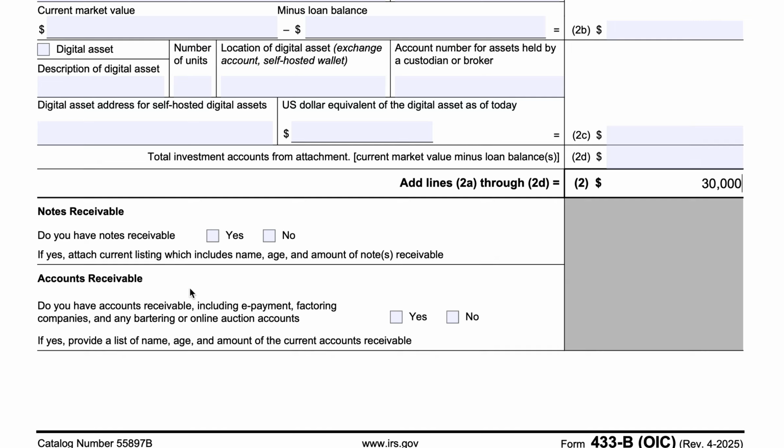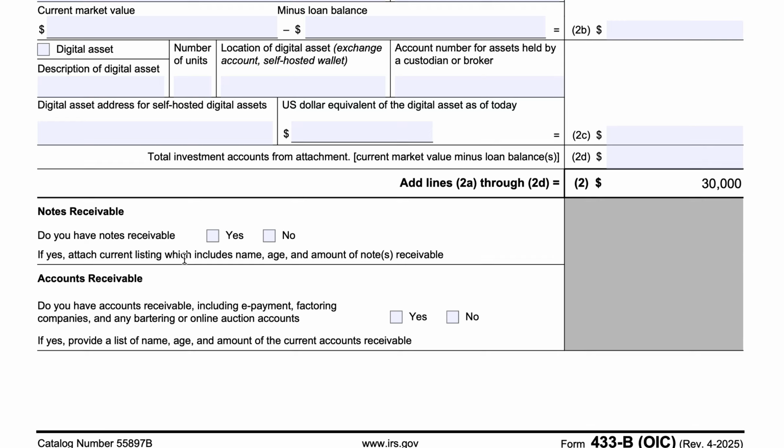Maybe you did work for a company and they paid you 25% down before you started the work. You completed the work, you've presented an invoice, and they've got 60 days to pay the invoice. That would be an account receivable.